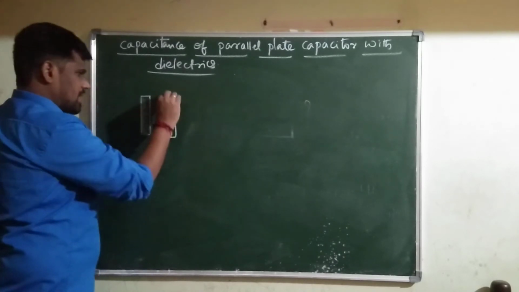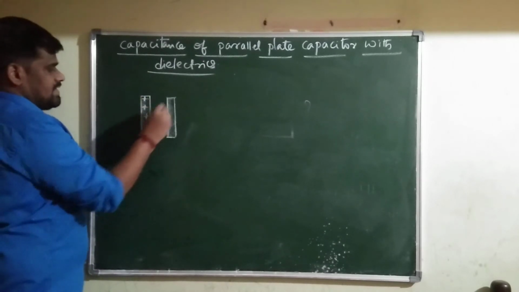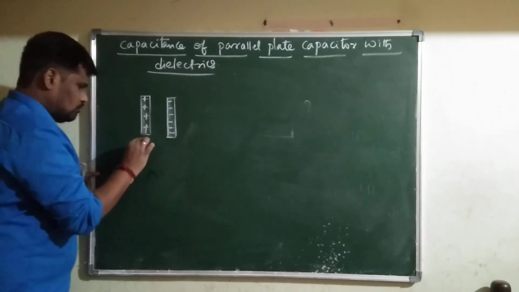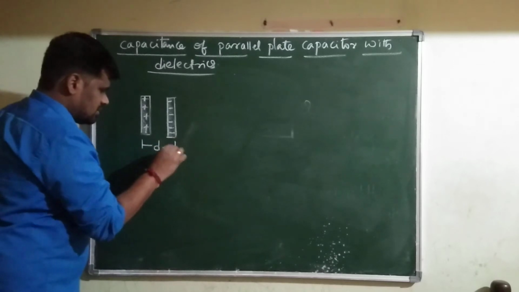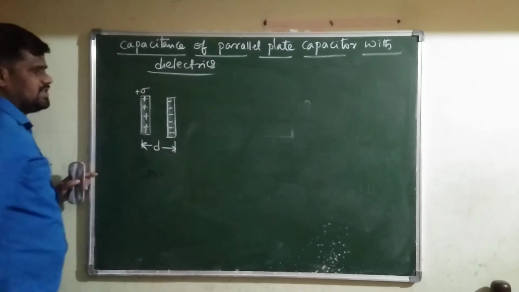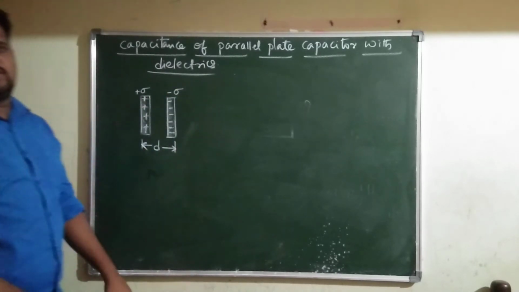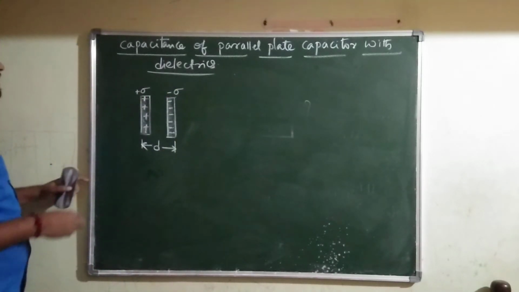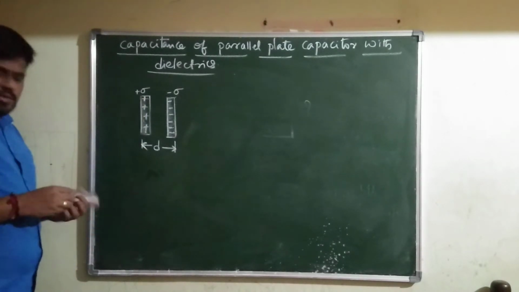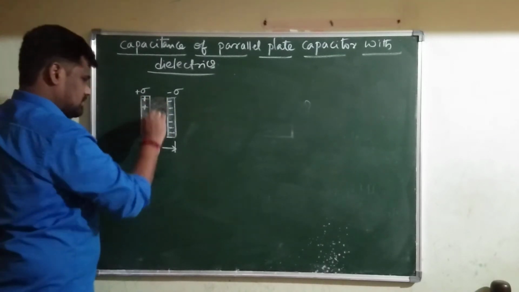The first plate is charged positively, the second plate has equal negative charge, and these two plates are separated by distance D. The positive plate has surface charge density sigma, the negative plate has surface charge density minus sigma, and each plate has the same area A.